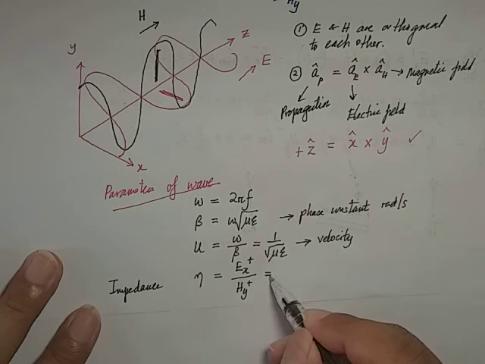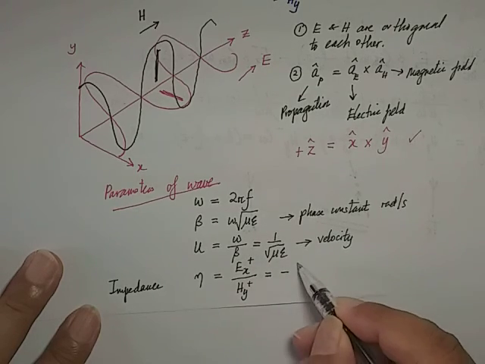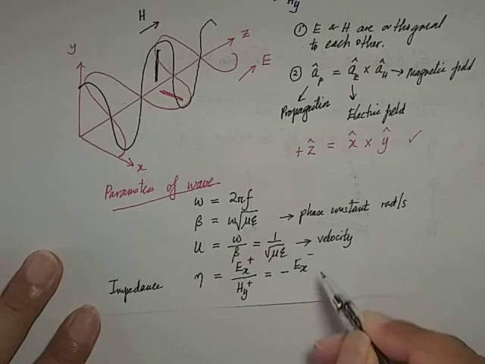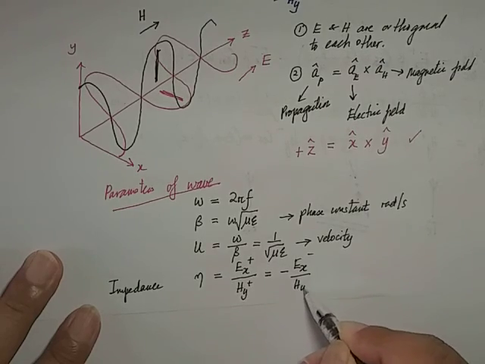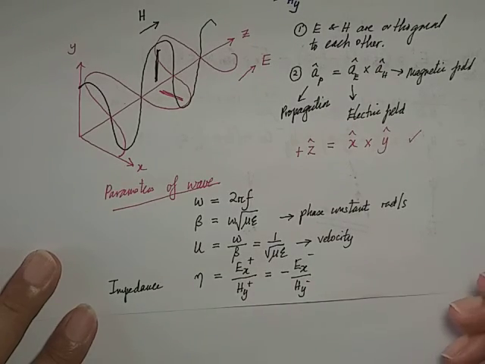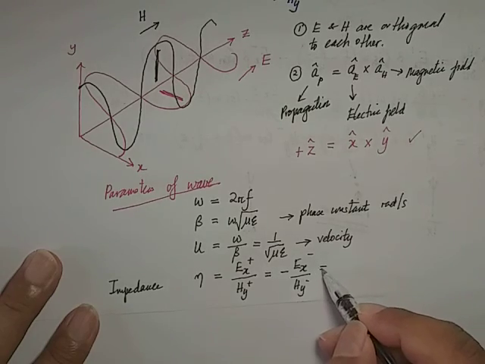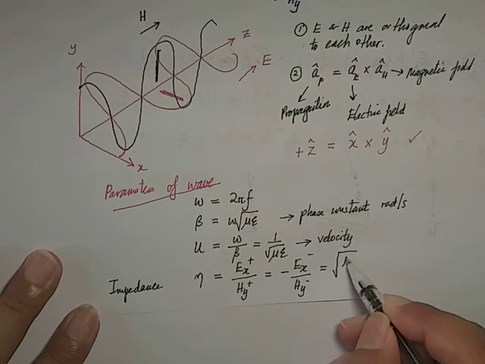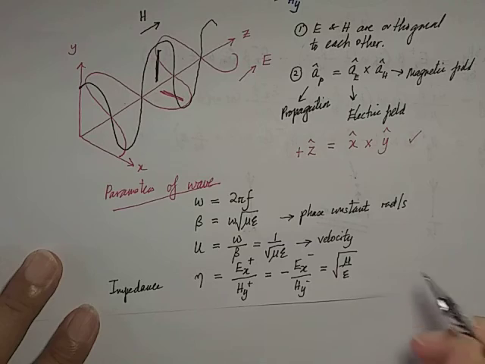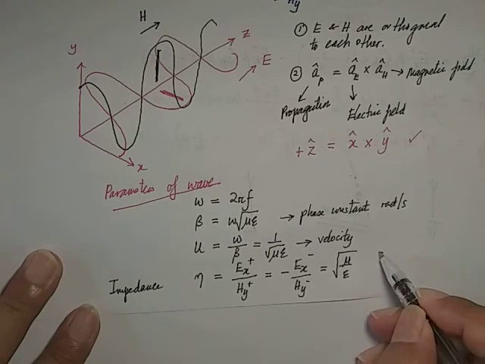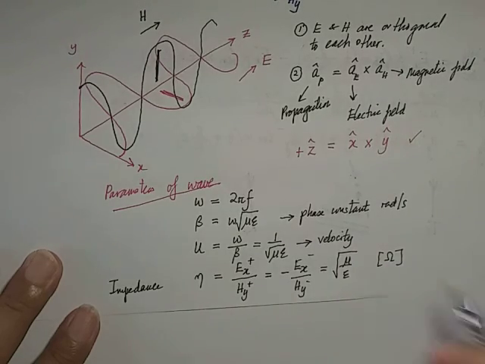If you are referring to the set of equations before, it is negative Ex negative over Hy negative, for the reflected wave. When you do the substitution, it is actually equal to root mu over epsilon. The unit for this impedance is ohms.